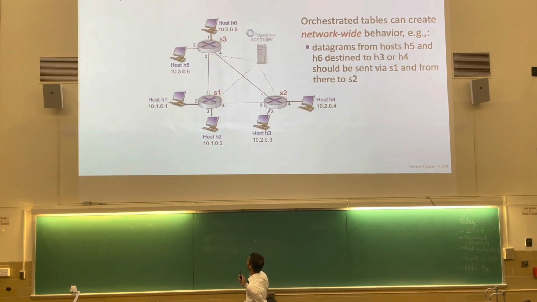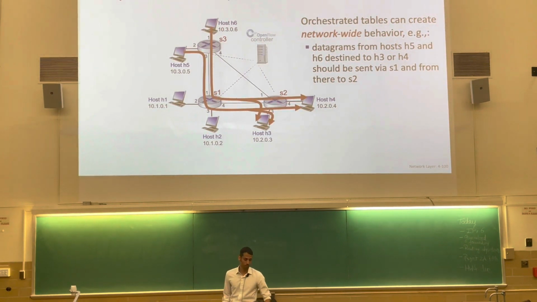But we don't want them to take the direct route for whatever reason, because there's other traffic that needs to flow through. If you want them to take this route, then that's a specific set of forwarding actions across the network. So somebody can look at this whole network and plan such forwarding actions and install flow table rules, match action rules that achieve this as follows.